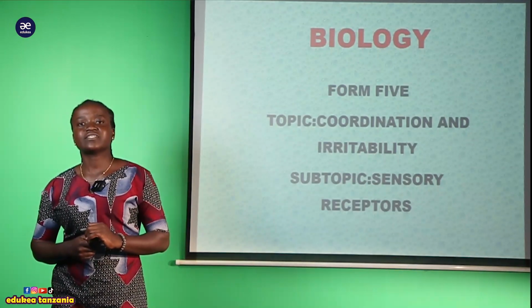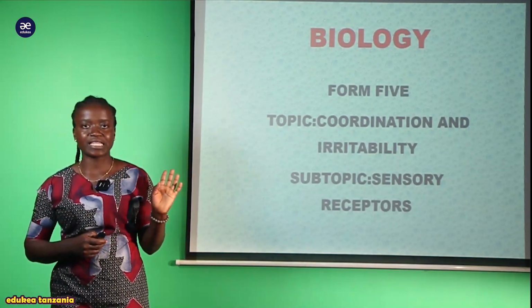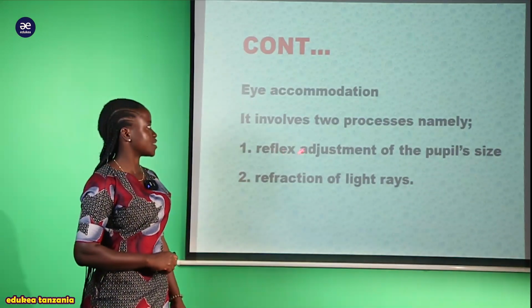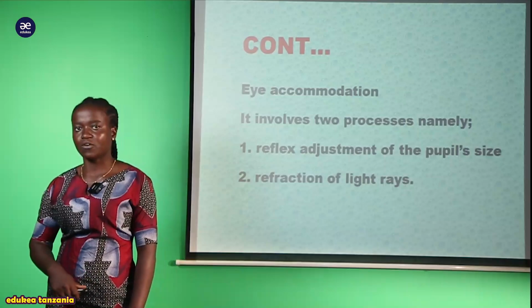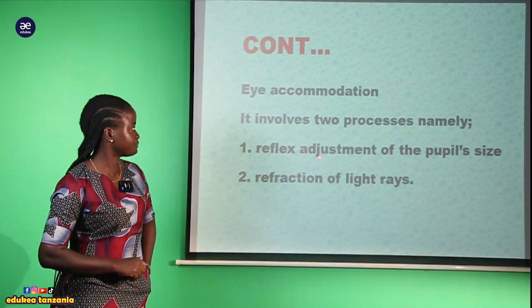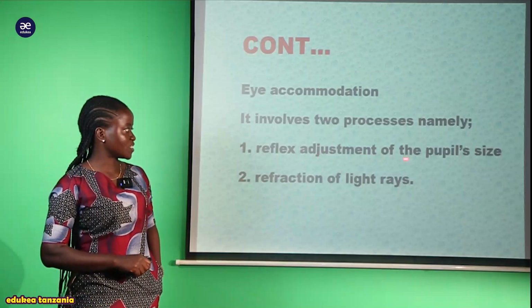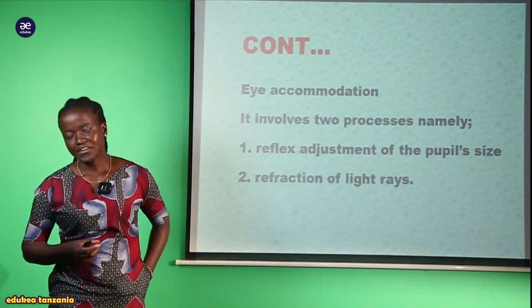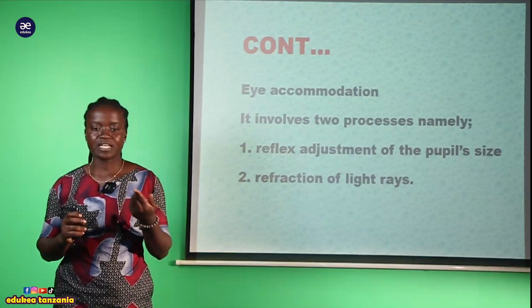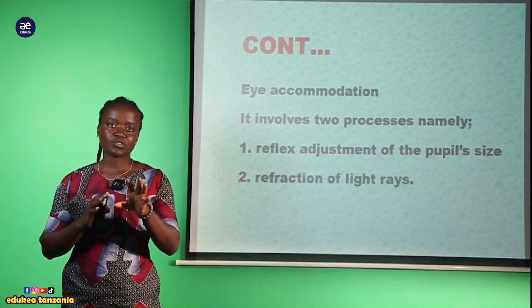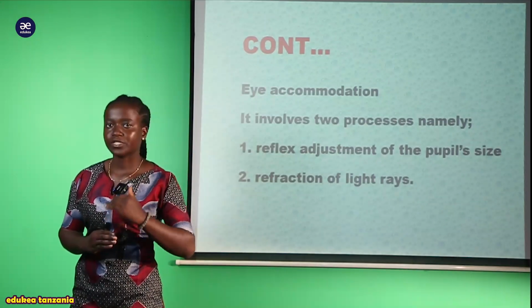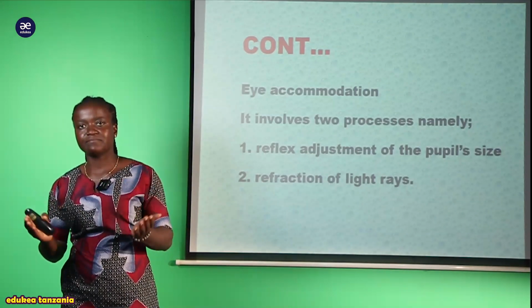In today's session, as I promised you, we are going to see the two processes used in accommodation. The first process is called the reflex adjustment of the pupil size, so that the eye can see distant and nearby objects, and in dim light and bright light.